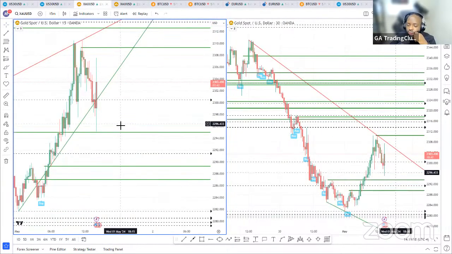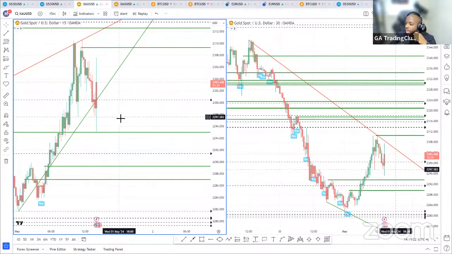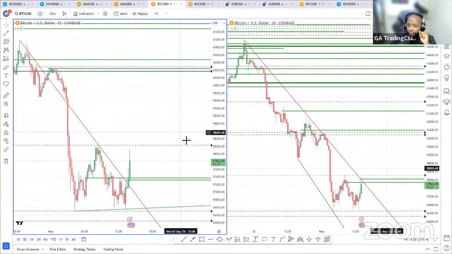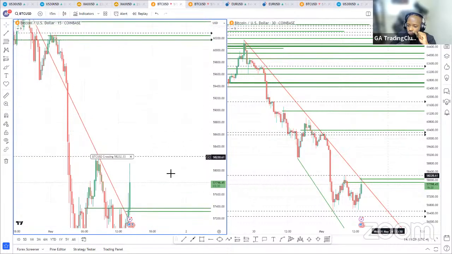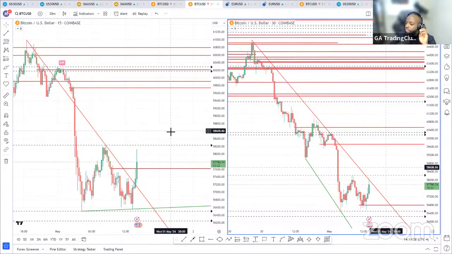For gold, let's see what we have here. No buys for gold, and no sells for gold. For Bitcoin, this wasn't a rejection, so that wouldn't have been a trade.